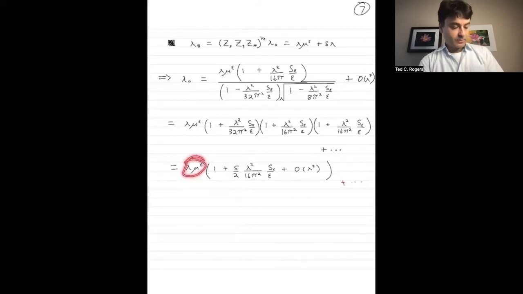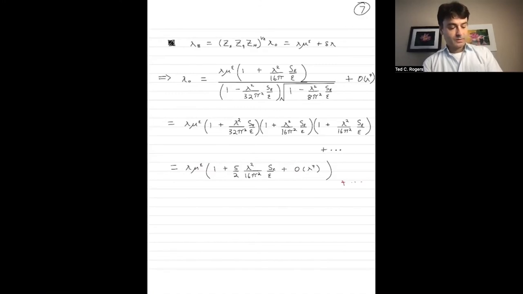And I get the overall factor of lambda mu to the epsilon times 1 plus 5/2 times this combination of factors, lambda squared over 16 pi squared times the pole, and then plus stuff that I'm going to end up neglecting. So this is really the result that we're looking for by calculating all of these counterterms in MS-bar.